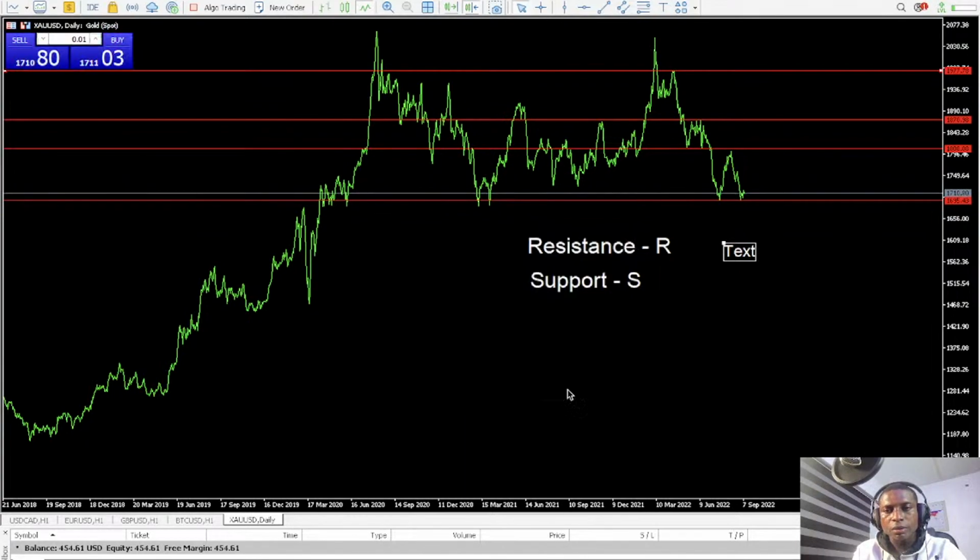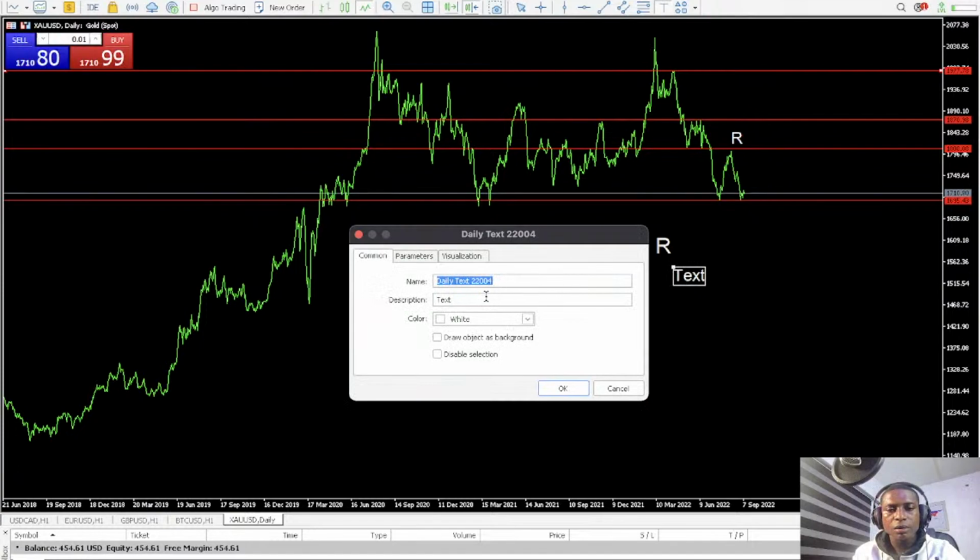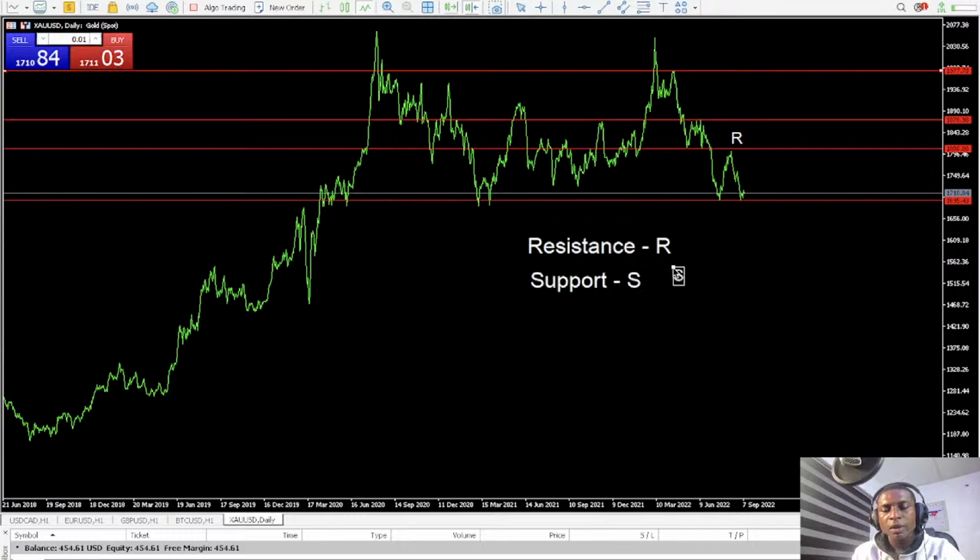All right. So this level here is the resistance level, while this level here is the support level.